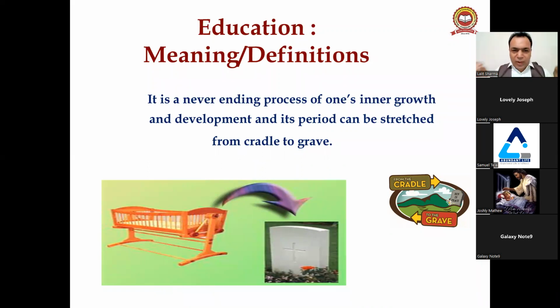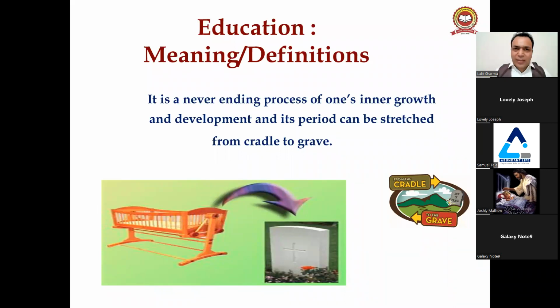So guys, in fact, the entire life is an education from birth till death. We learn each and everything, and each and every moment we learn. You cannot confine education between four walls. If you are running a school, you cannot say that it is the only criterion to get educated.